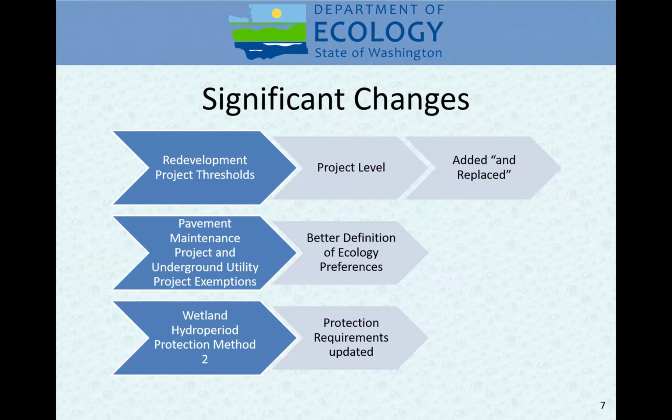In the summer months, the volume going into the wetland may be too low just because in the summer we don't have any rain. It has nothing to do with the development going there. It has to do with the fact that there's no rain. So we made some changes to make it a little bit easier to meet hydroperiod protection method number 2. So those are 3 major changes.